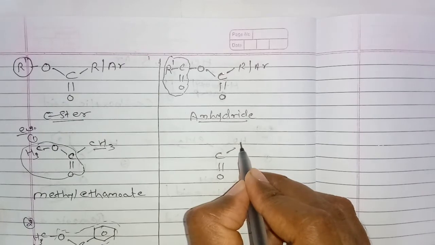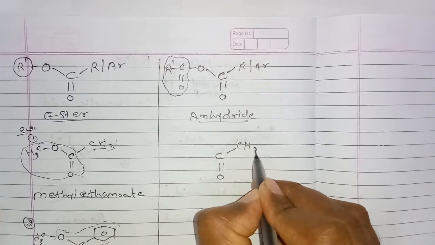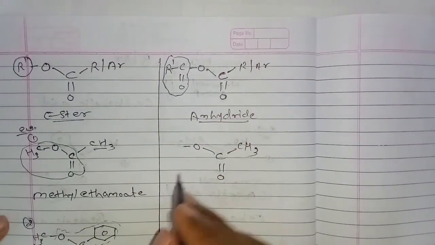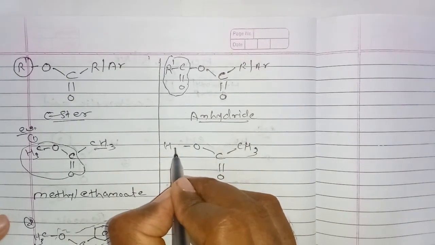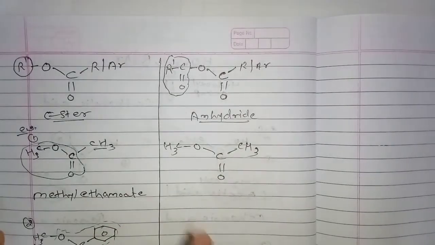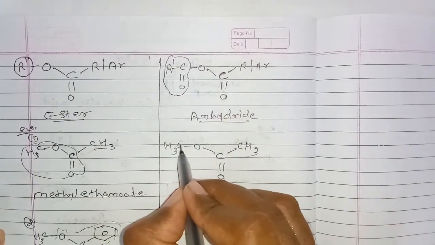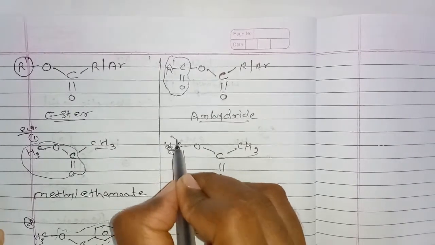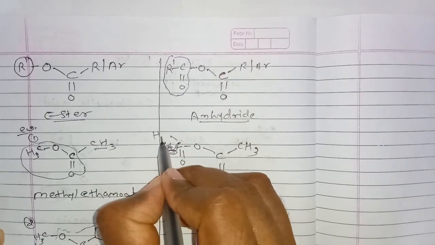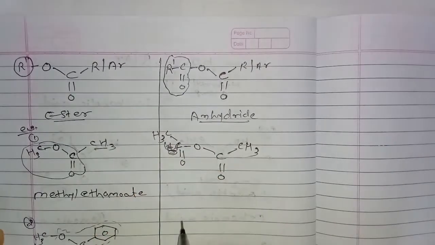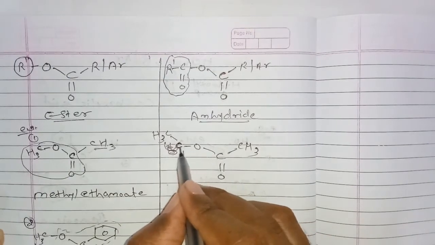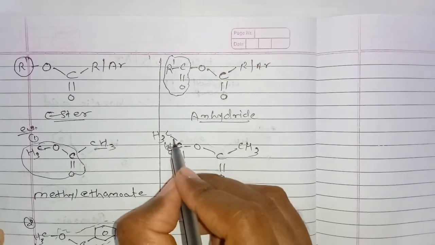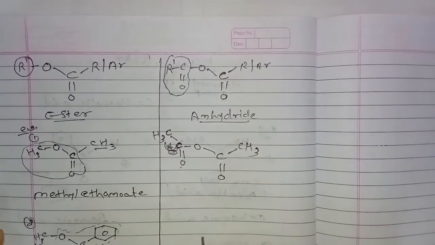For the methyl group, here C double bond O, and then a methyl group is attached, and the oxygen is bonded with another carbon, oxygen double bond, and the methyl group.